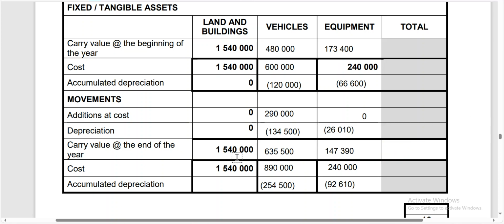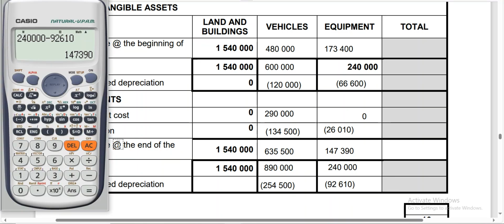So to get the total carrying value of our assets at the end of the year, we'll have to add these three items, and the total will have to be transferred to our fixed asset note. So I'm going to say 1,540,000 plus 635,500, and then plus 147,390.